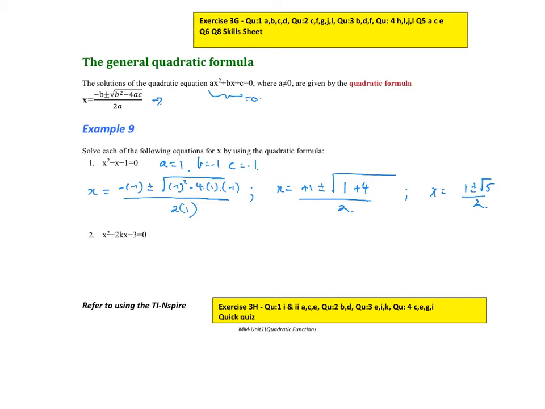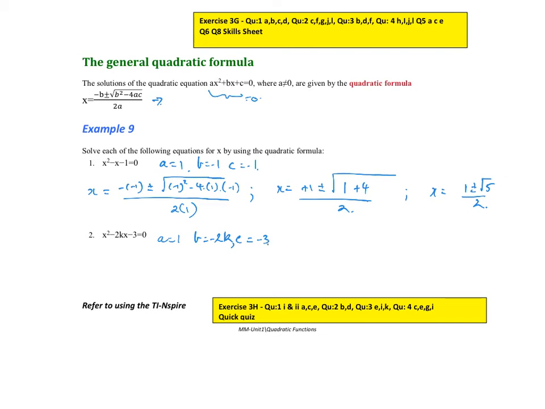Number 2, same principle. A is equal to 1, B is equal to negative 2k, C is equal to negative 3.